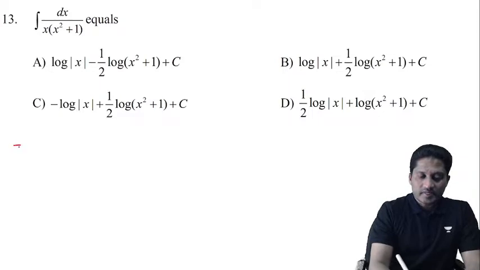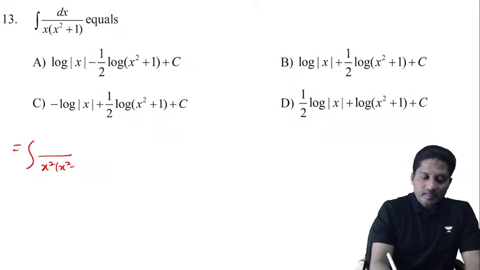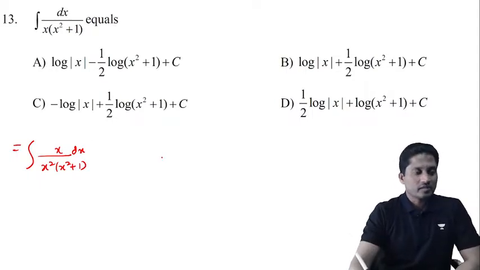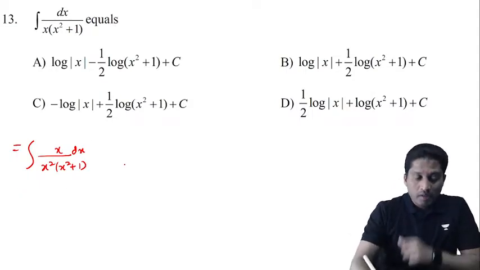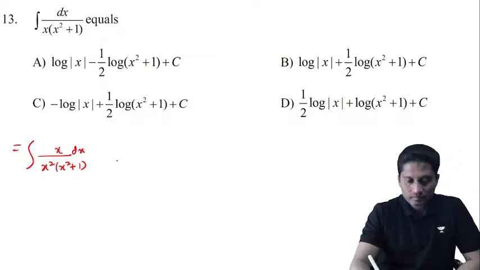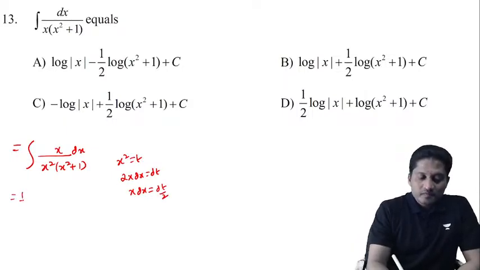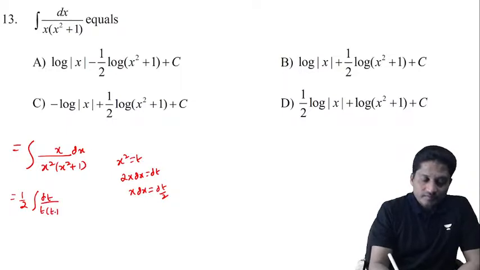Okay, so this can be written as x square into x plus 1, and then this is x dx. You cancel that x and the square, again you get 1 upon x into x square plus 1. I'm going to put x square is equal to t, 2x dx is equal to dt, and from this x dx is equal to dt by 2. Half x dx is dt by 2, t into t plus 1.